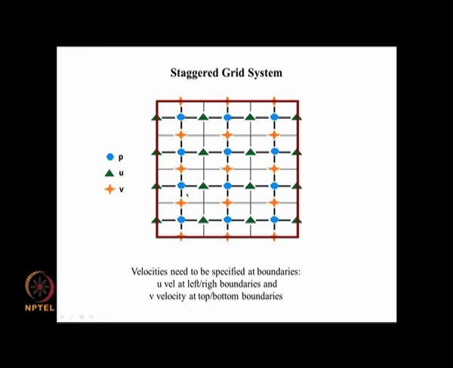So, in a way we do not need to specify the pressure at these boundaries, and pressure is evaluated only at the interior points.